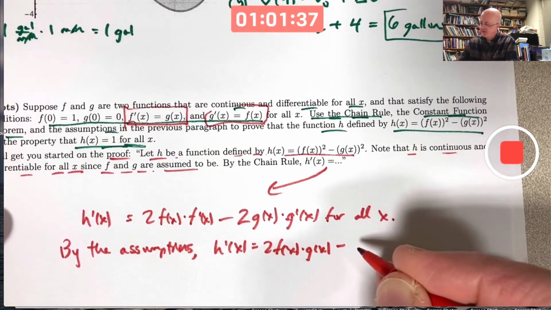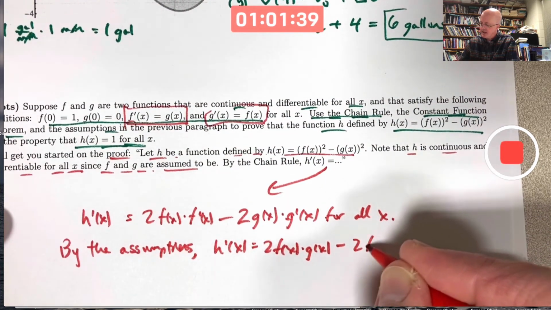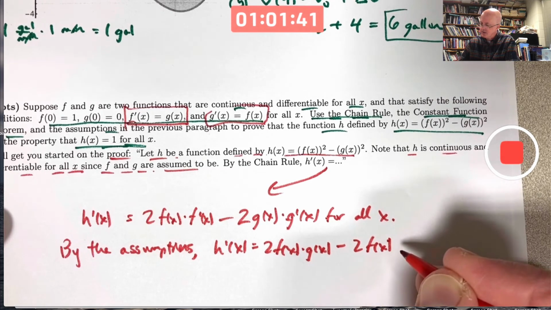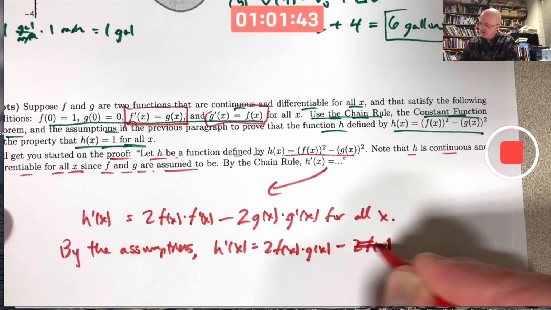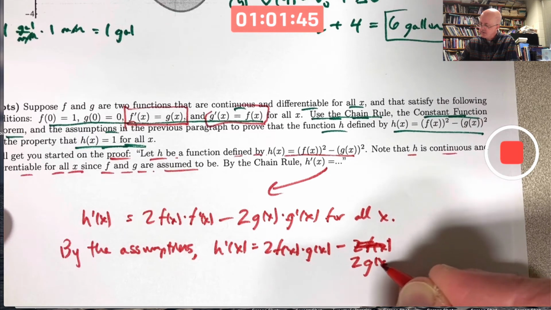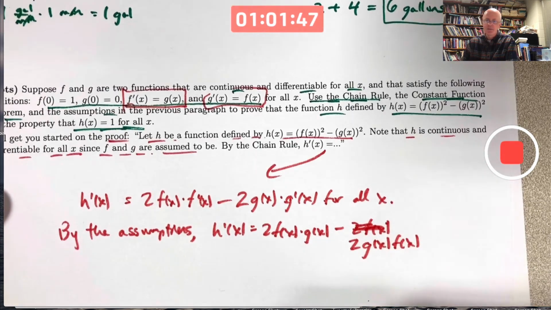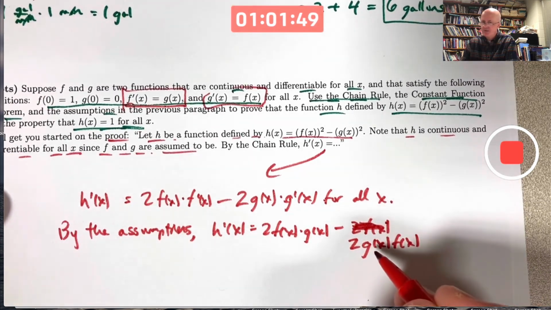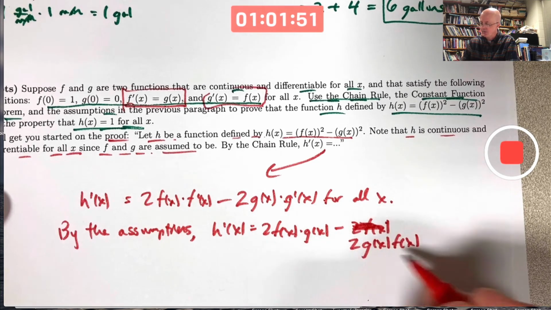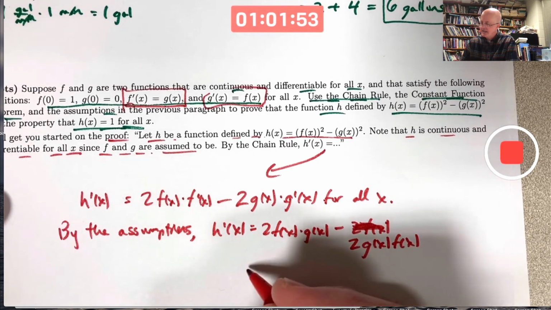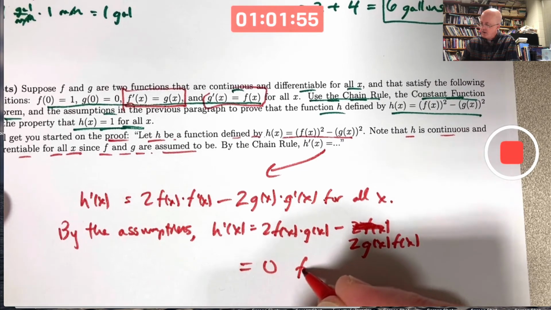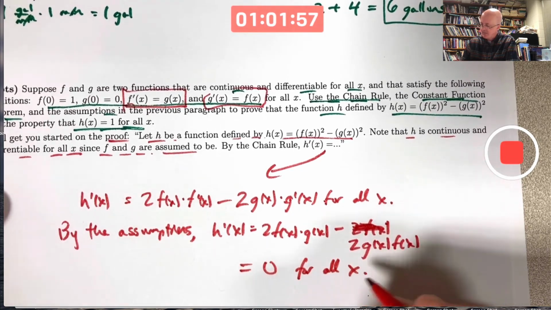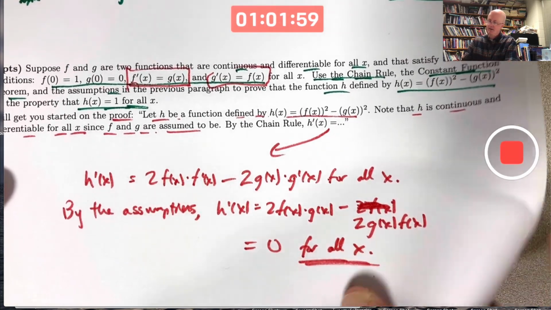These two functions are very special. They have those properties. And multiplication is commutative. f of x times g of x equals g of x times f of x. This equals 0 for all x, and that's a must to emphasize. It's true for all x.